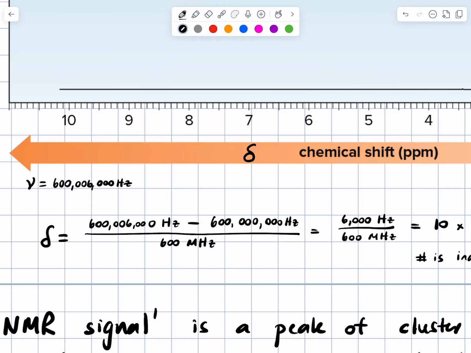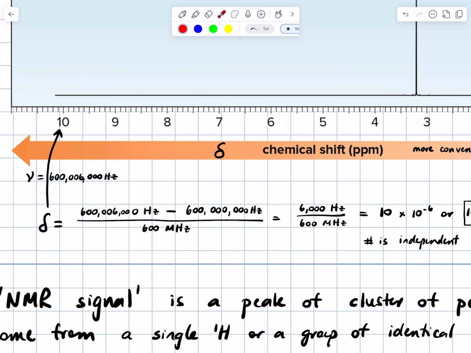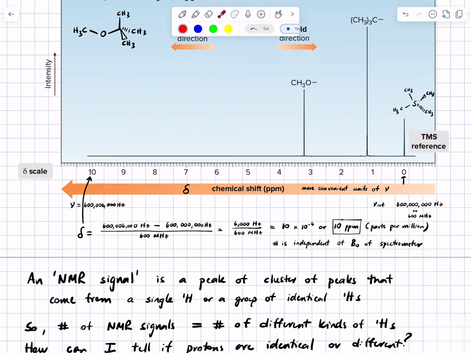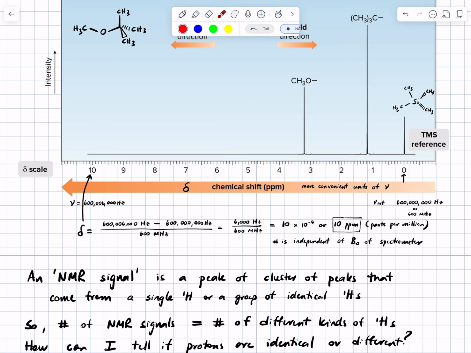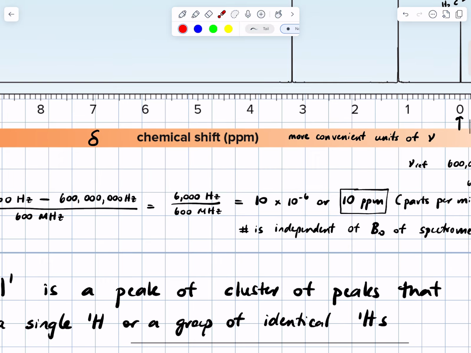If you only have a variation of about 6,000 hertz, the way you can normalize this to units that aren't a problem is you take whatever frequency your proton resonates at, you subtract a reference frequency, which is 600 megahertz, you come up with 6,000 hertz, and then you divide by 600 megahertz, and you get 10 times 10 to the minus 6, and then you just replace 10 to the minus 6 with units of parts per million. 1 divided by a million is the same as 10 to the minus 6.